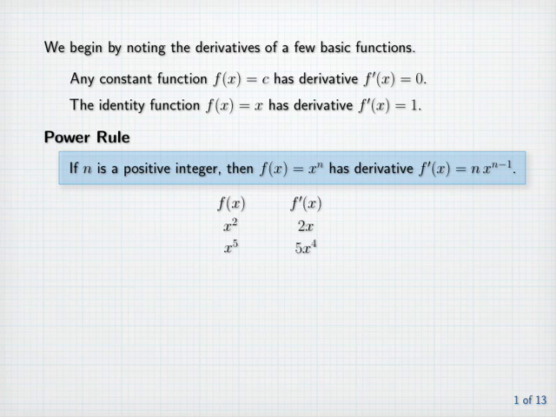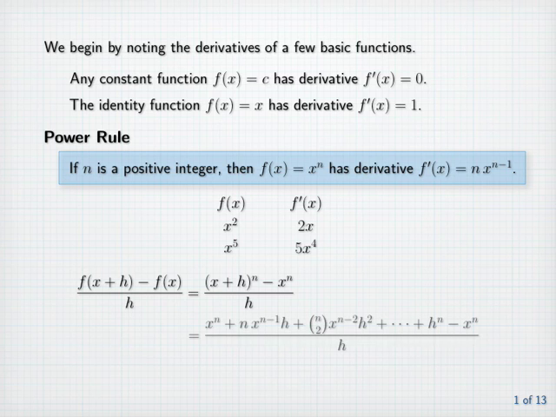Now let's try to see why the power rule works. The difference quotient for x to the nth power is x plus h to the n minus x to the n, divided by h. We can expand the first term here using the binomial theorem, obtaining x to the nth power plus remaining terms, each of which has at least one factor of h.